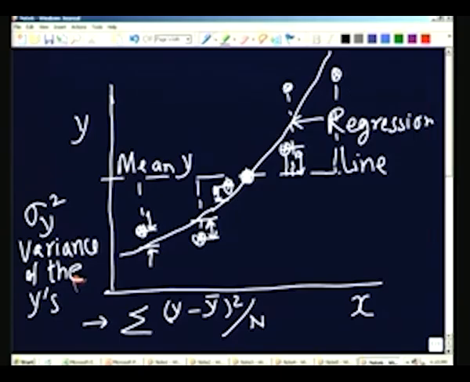I am sorry, this is not the correct one. This is the difference I am talking about, and similarly here and here and so on. So, now I can also define a variance for the errors. I will go to the next screen so that it is not cluttered.